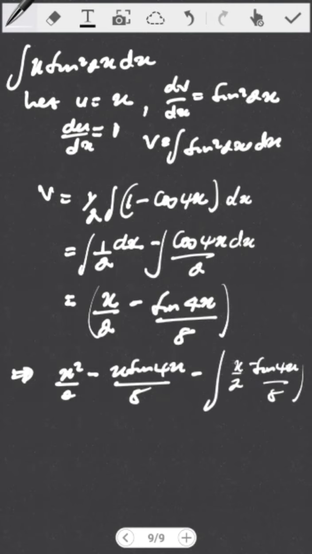Now remember it is v du/dx, which was 1, and let's multiply this by dx.